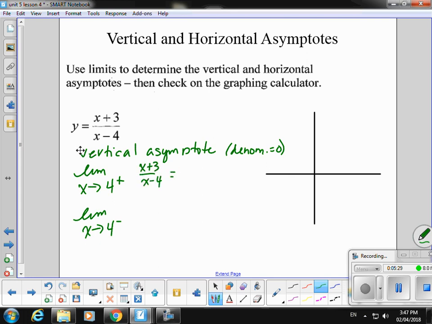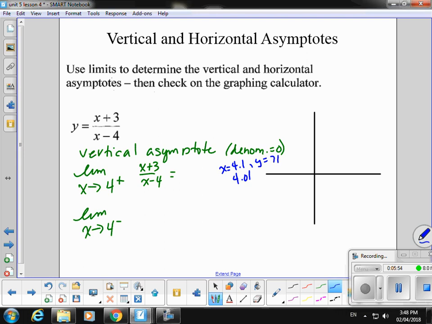For the first, I'm going to use values that are getting closer to 4 from the right side. I'm going to try in a calculator 4.1, and then a value of 4.01. For 4.1, I end up with 7.1 divided by 0.1, which gives a y value of 71.